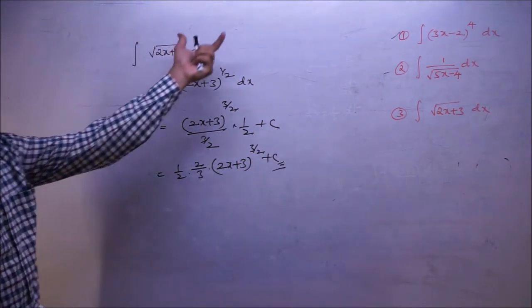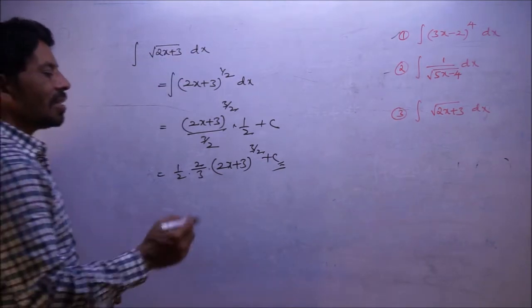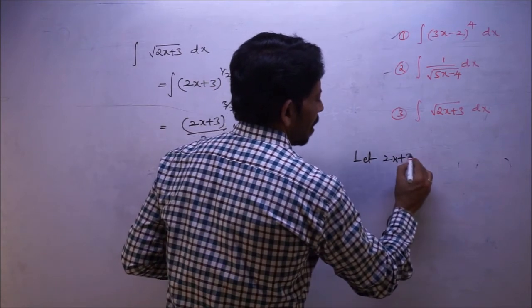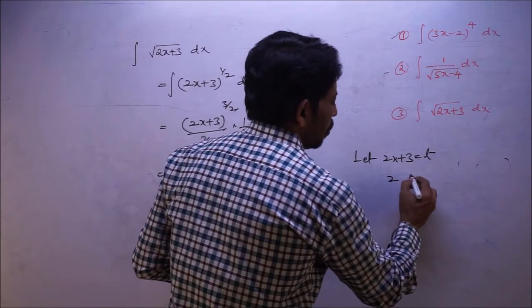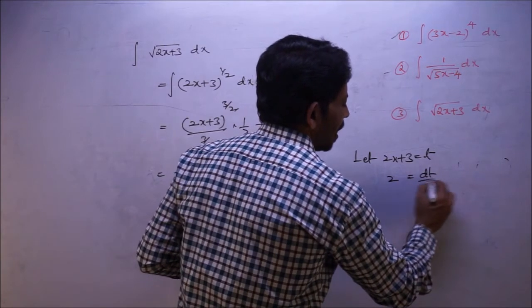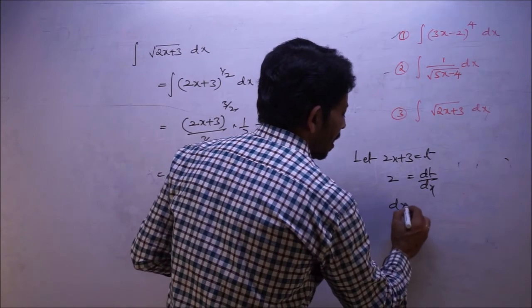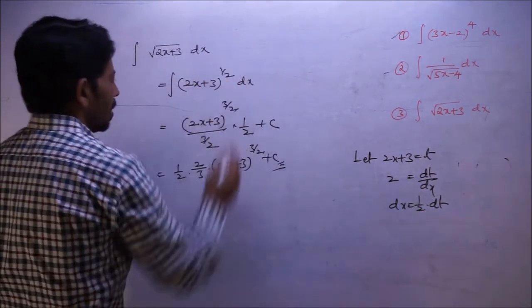You can even cross check by considering 2x plus 3 as t. So with this technique, let 2x plus 3 equal t, and differentiating both sides, 2 equals dt by dx, and transposing this 2 to the other side, dx equals 1 by 2 into dt. Now applying this, what will you get here?